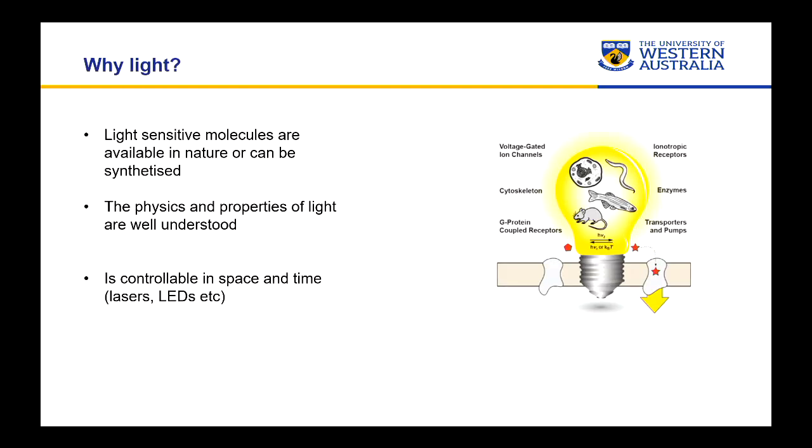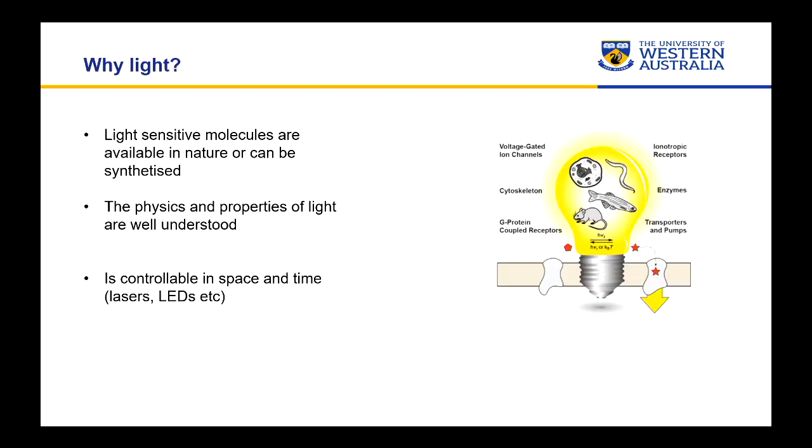When we use photopharmacology, we need to use light. And why do we want to use light as opposed to, say, sound? I do want to say that sound is actually, what do we call it, acoustic pharmacology, the use of sound to control pharmacology. That's also a really rising field. But light is really great because there are a lot of very light-sensitive molecules out there in nature that we can manipulate.